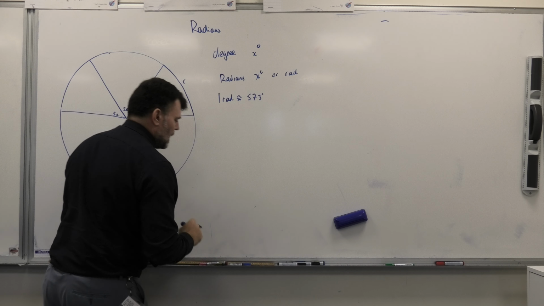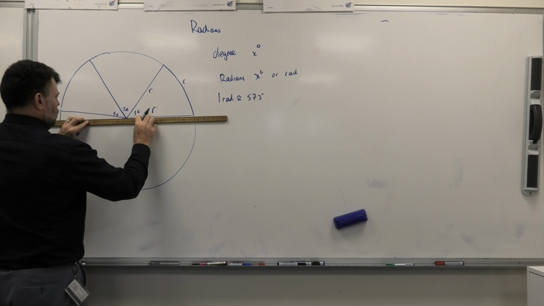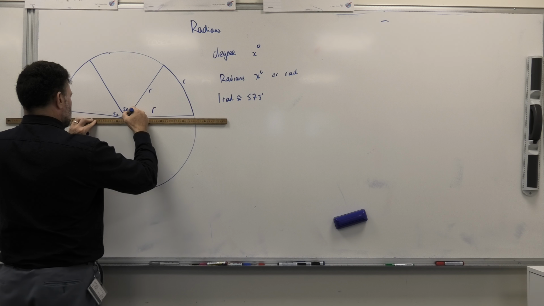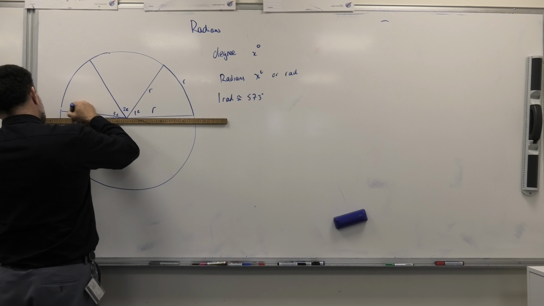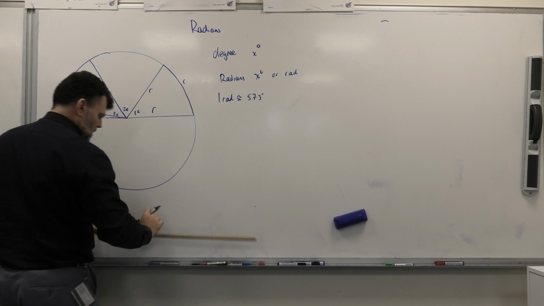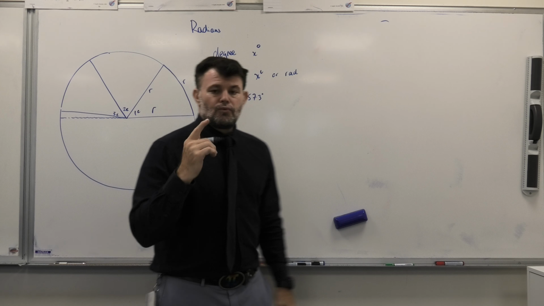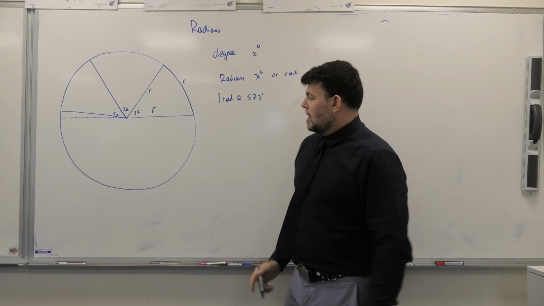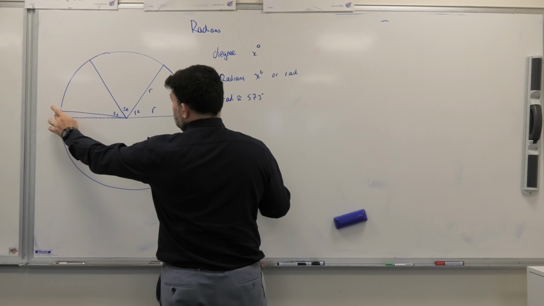Now, what do you think would happen if I went all the way across? If we connected this line all the way across, if I have 3 radians, I can fit 3 and a little bit of radians here.